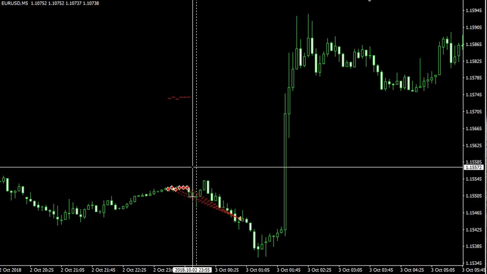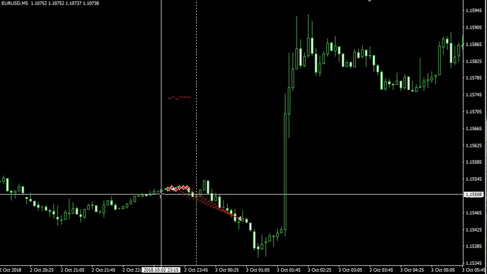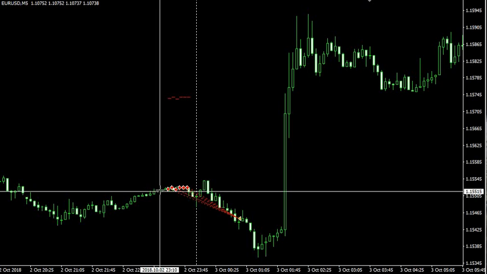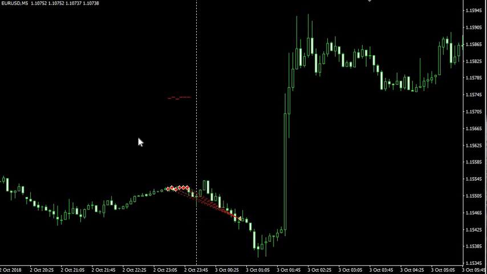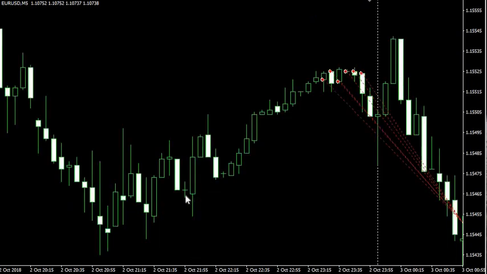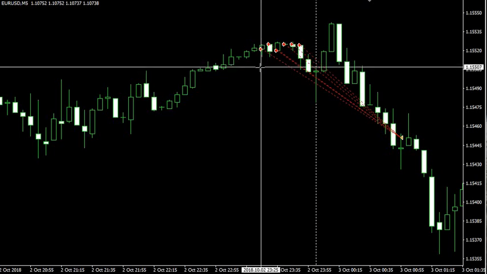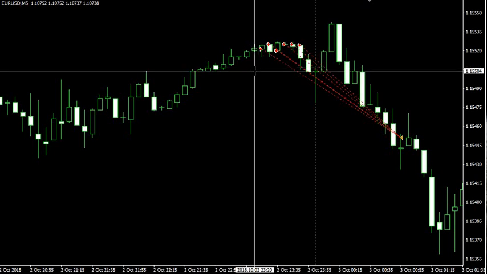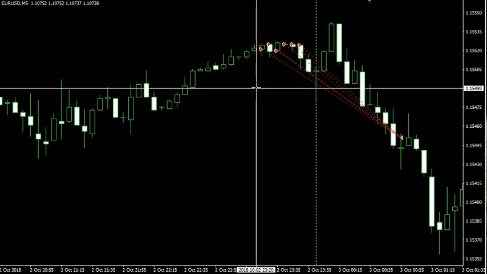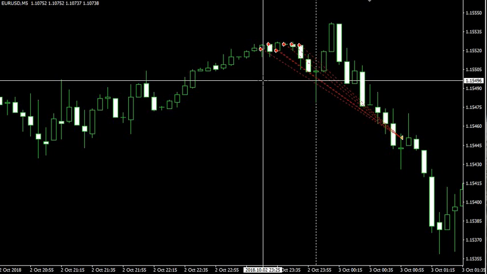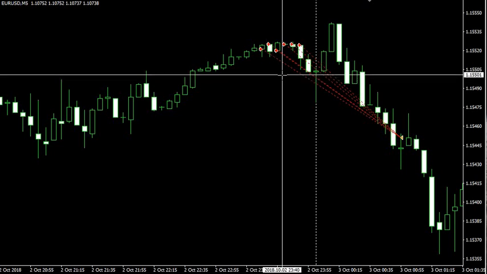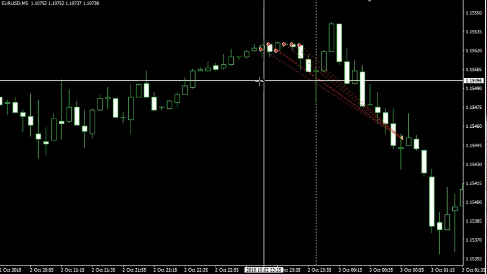So as you see here, this is after 11 p.m. So it waits until all the indicators that are used inside of it are aligned and giving overbought and oversold signals, and it opens a trade at every closing of a candle, as you see here, where all the signals are met, and it opens more trades as long as these signals are present, and the maximum number of trades that you want to be open simultaneously is defined by you in the settings. I will show you how later.